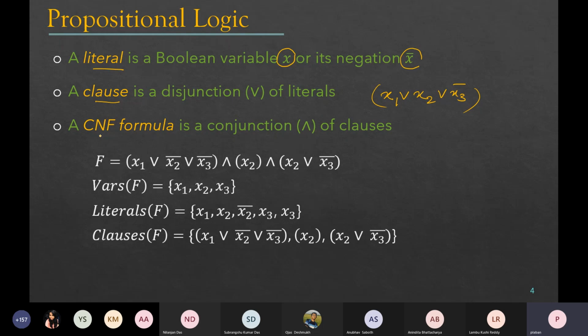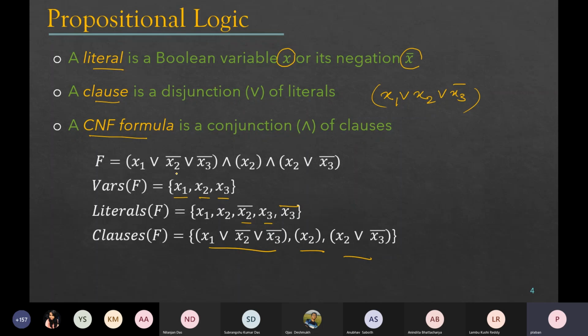And finally, a CNF formula, conjunctive normal form formula, is a conjunction of different clauses. So this is an example where we have got three clauses. So we have these three clauses, and the variables involved in these clauses are x1, x2, x3, and literals are x1, x2, x2 bar, x3, and I guess x3 bar, right?